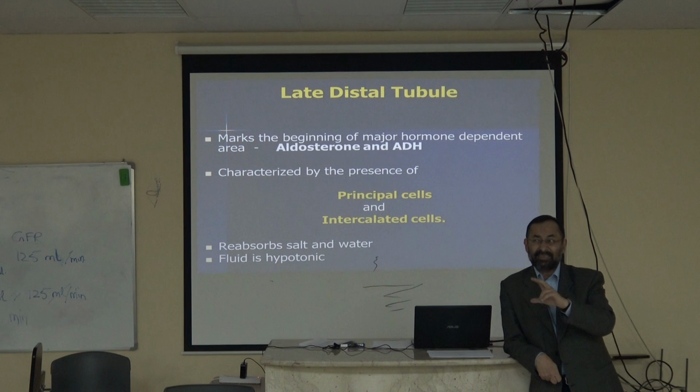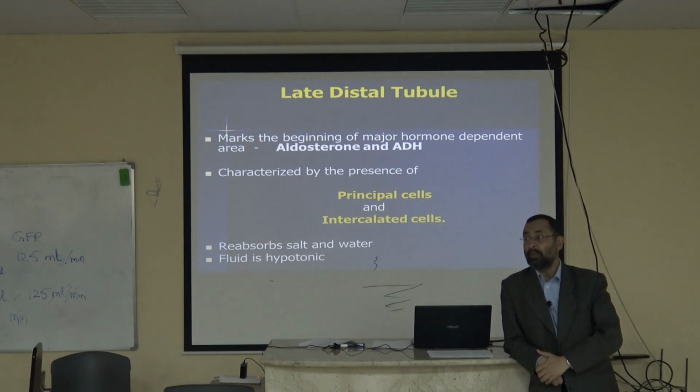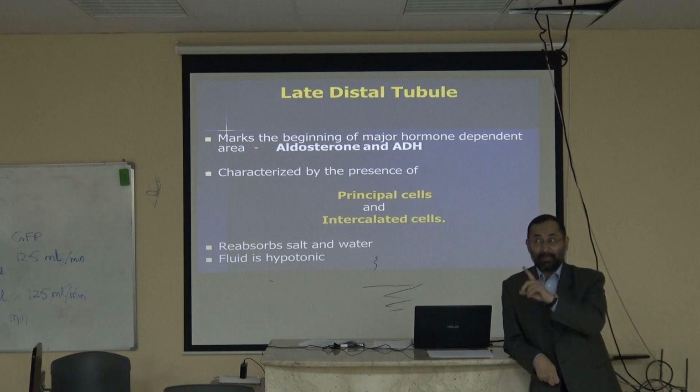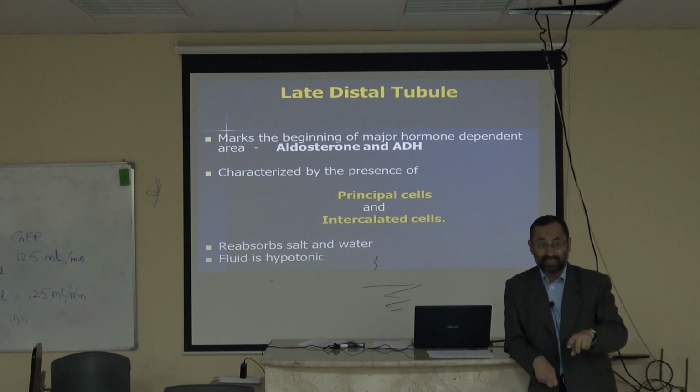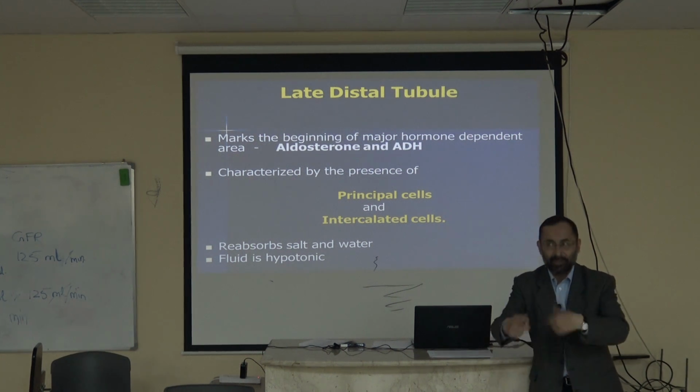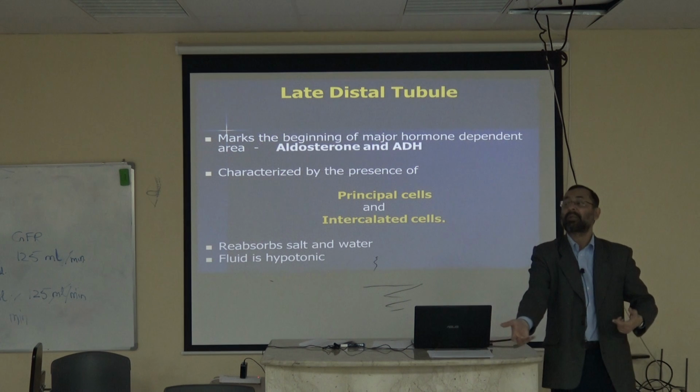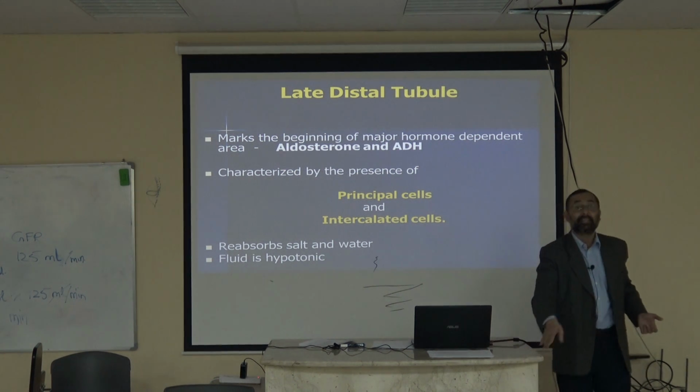So what is the status of the fluid in the late distal tubule? It is still hypotonic. It was hypotonic in the upper part of thick loop of Henle. It was more hypotonic in the early distal tubule. Now it is in the late distal tubule, but it will still remain hypotonic. It is not becoming isotonic yet. It will become isotonic soon after, when it will go into the collecting ducts.